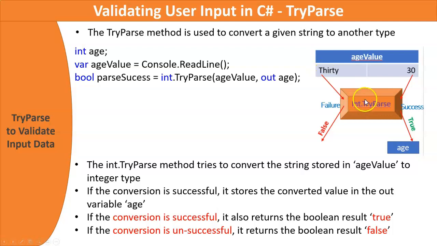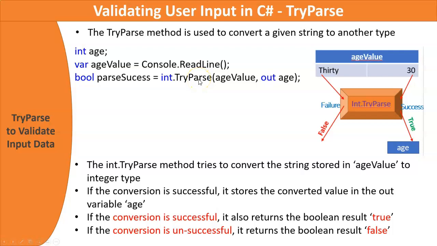So the int.TryParse method will return a false value as the result, and that false will be stored into the left hand side variable. What's the role of the second argument of the TryParse method, out age? This variable, or the second argument, has a role only if the conversion using TryParse is successful.